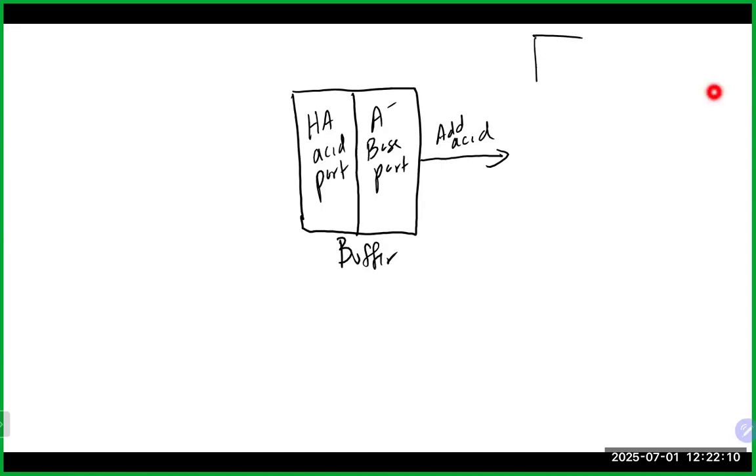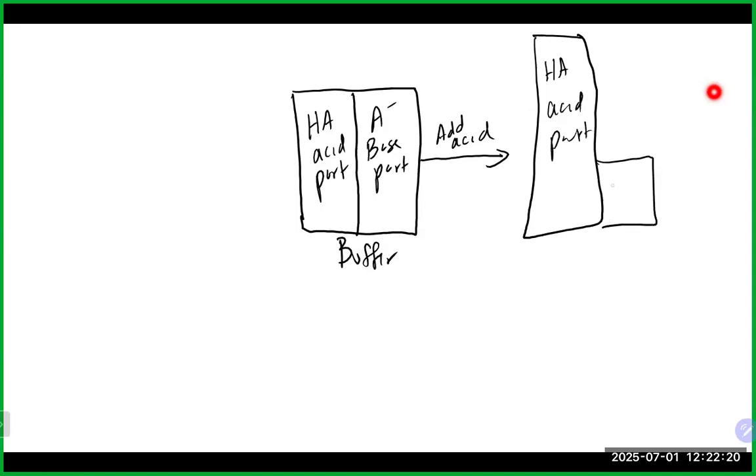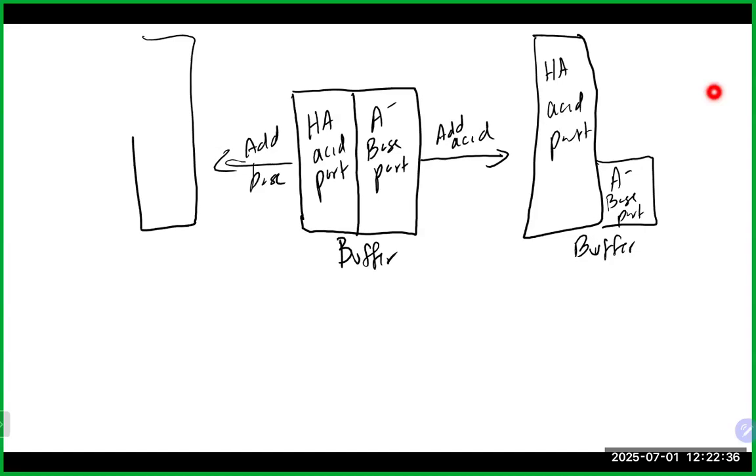So dramatically drawn here, we will see a big jump in the acid part of the buffer, but a decrease in the base part. And same thing here, if you add additional base, it will react with the acid part and generate more of the base part of the buffer, and it will use up some of the acid part of the buffer.